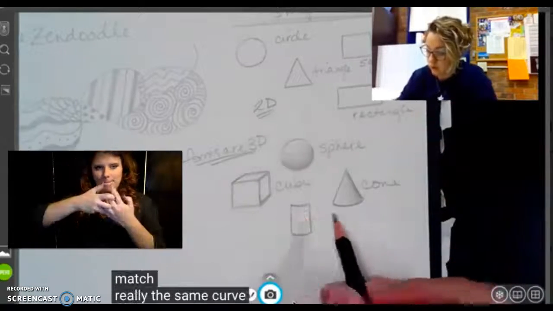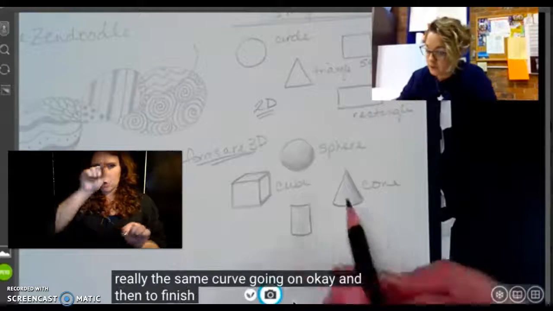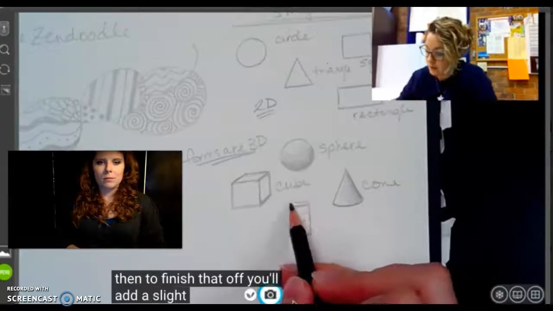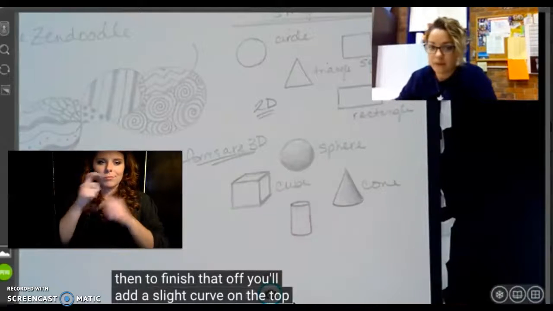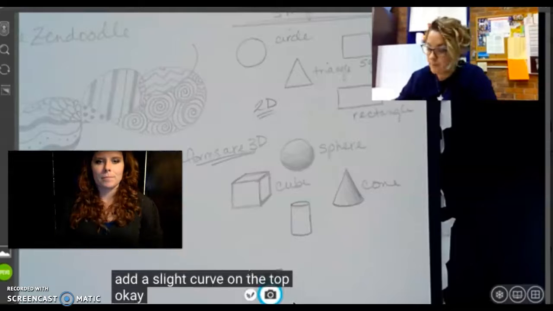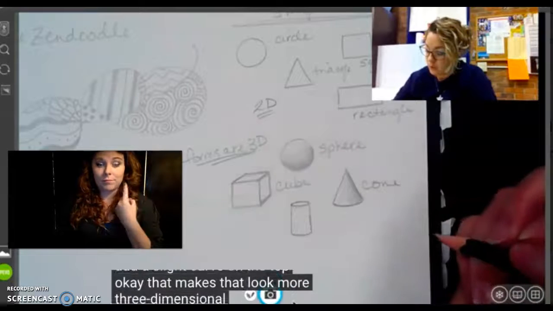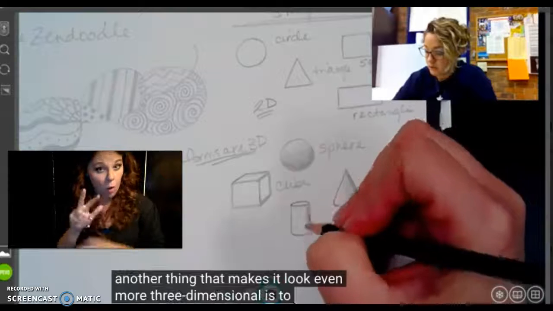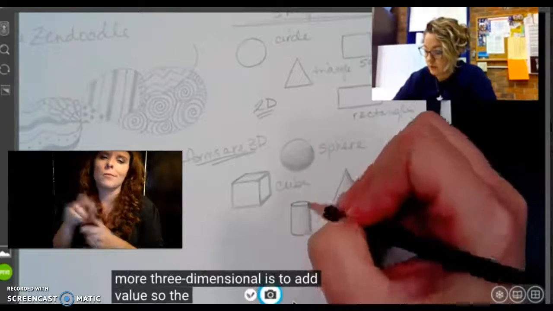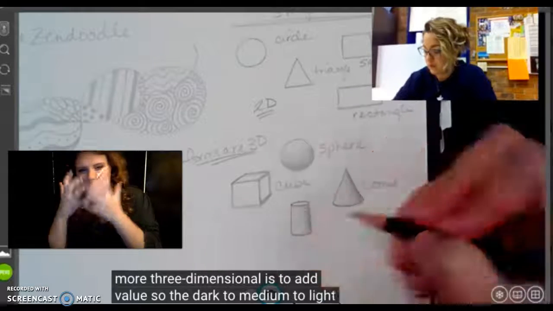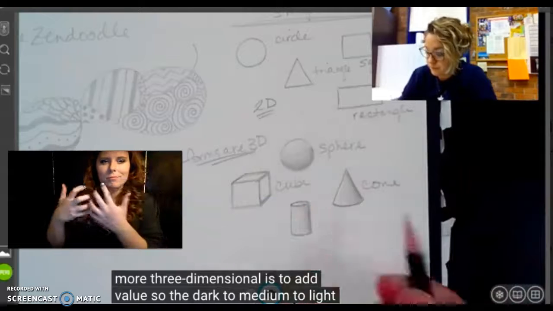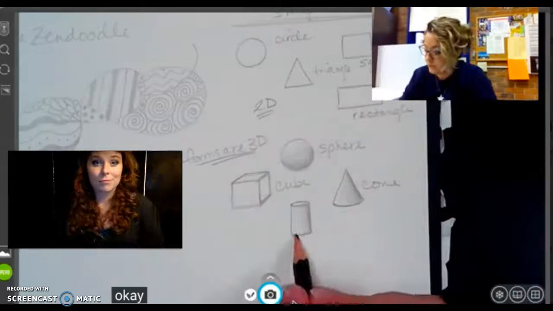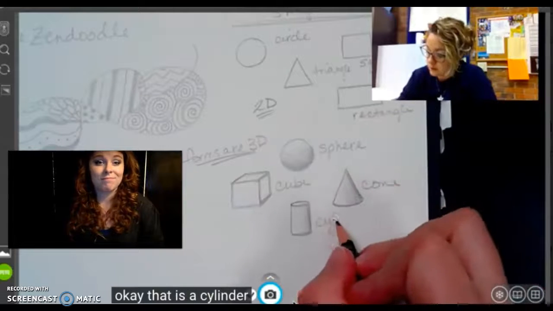Really the same curve going on. And then to finish that off, you'll add a slight curve on the top. That makes it look more three-dimensional. Another thing that makes it look even more three-dimensional is to add values. So the dark to medium to light. That is a cylinder.